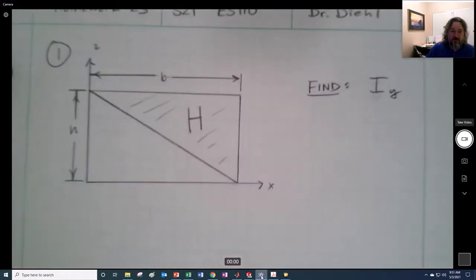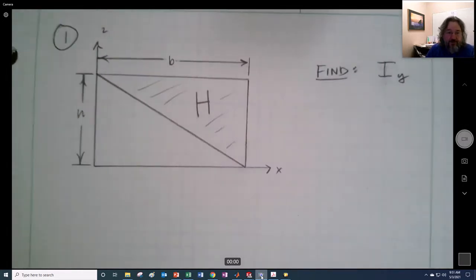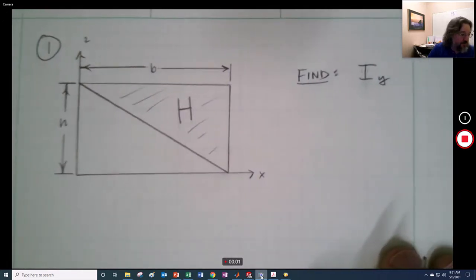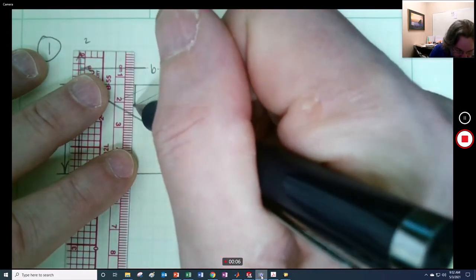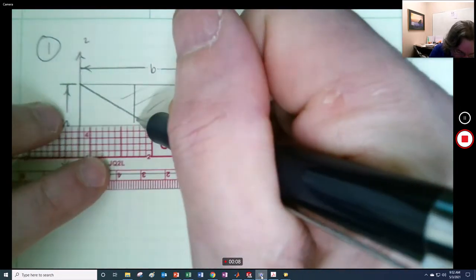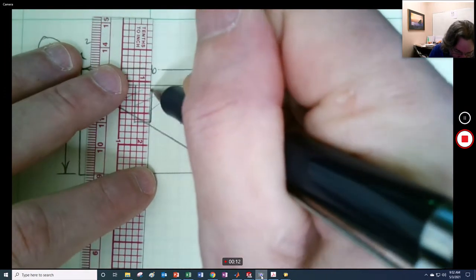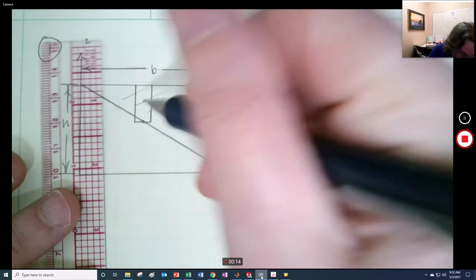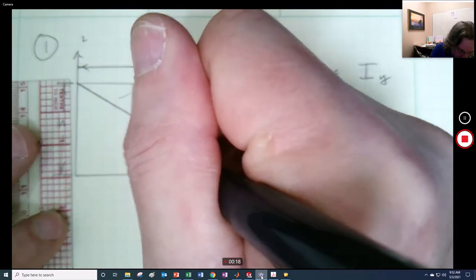So I'll have the problem set up right here, and our approach is to take little rectangles. So let's say this rectangle right here. Here's an individual little increment, and we'll call that dx.